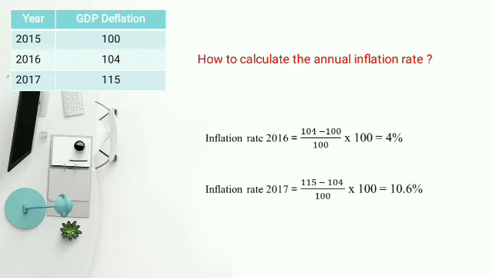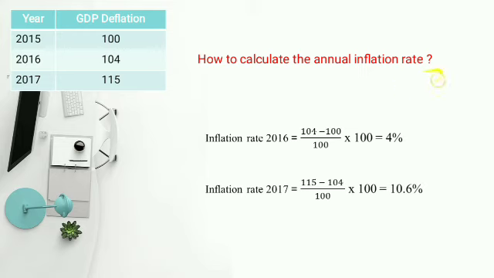From the GDP deflator on the previous slide, in 2015, 2016, and 2017 the values are 100, 104, and 115. The inflation rate in 2016 is 104 minus 100, divided by 100, times 100, which is 4%.